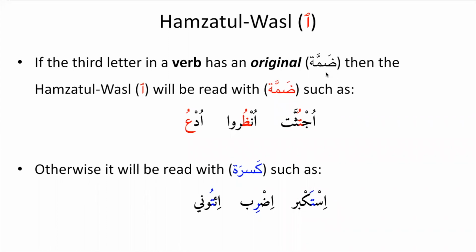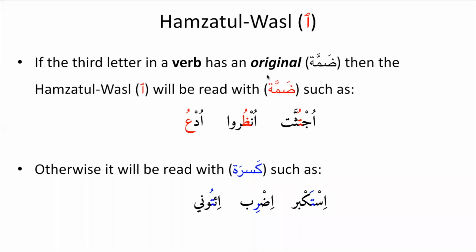If this is the case, if the third letter has an original dhamma, then the hamzatul wasl, if I'm starting the word, will be read with dhamma, such as ujtuthat, unzuru, ud'u. So in all three of these examples, the third letter in the verb has a dhamma, and so I start the verb with a dhamma on the hamzatul wasl.